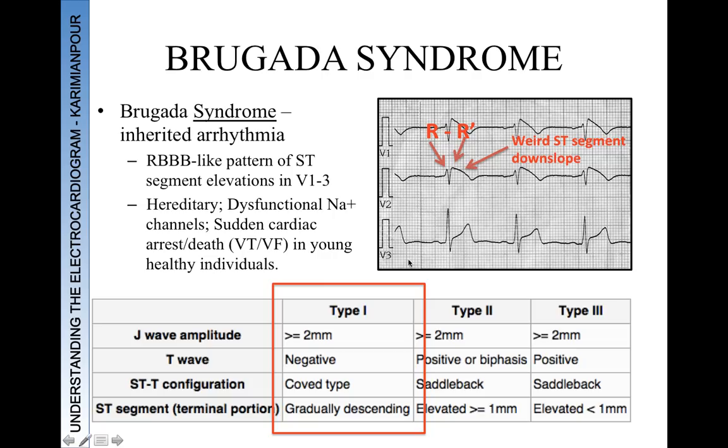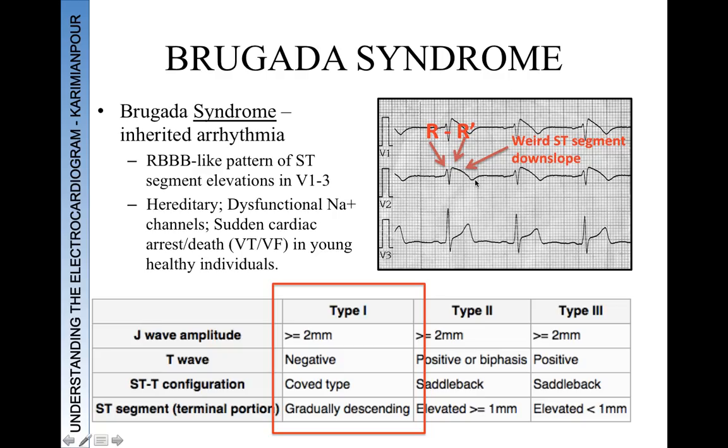But Brugada syndrome is an inherited arrhythmia, as I mentioned, and the pattern that you see is a right bundle branch block looking pattern on ECG in V1 through 3. So you see RSR prime, like a rabbit ear finding. And then there's this weird sort of ST segment elevation and downsloping.